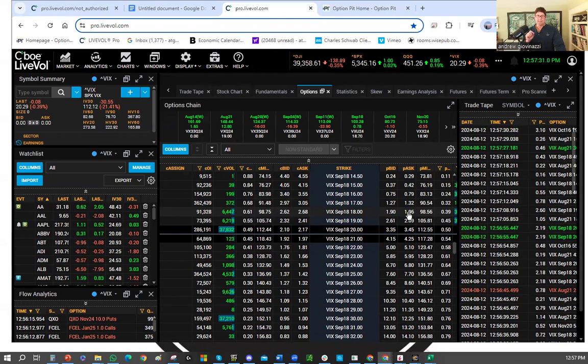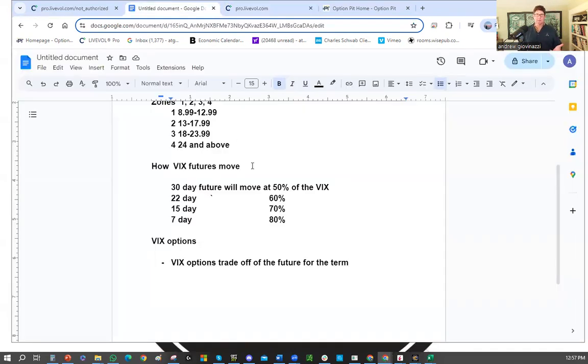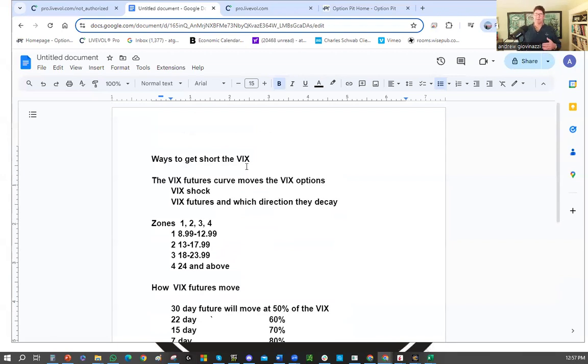Now, that is not everything to say about getting short the VIX. There's lots of other things to do. We could talk 1x2 spreads and things like that, but maybe we'll save that for another video. But for right now, in review, when you're looking to get short, the first thing is, are you looking at decay or actual VIX cash moving?